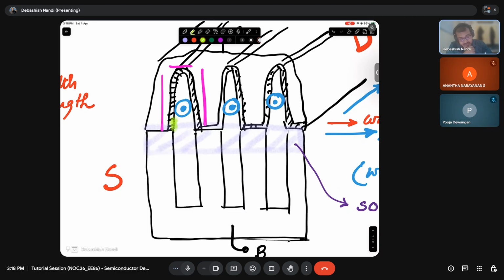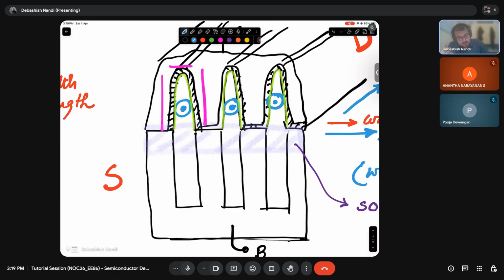My effective W is this entire stuff, right? Because I can just open it up and it will expand to the entire width region. Are you getting what I'm telling? Yes, sir. So this is the entire W, the periphery of this green curve.